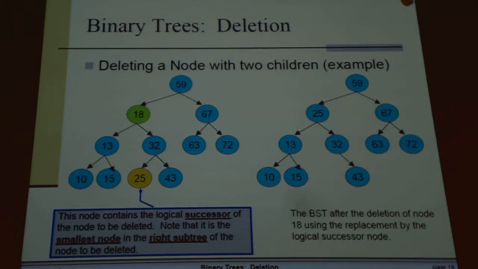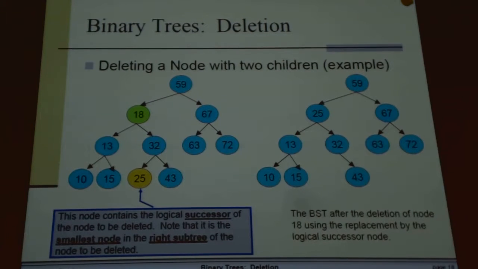So again, you're going to do the same thing. You're going to find the largest value on your left and the smallest value on your right, and determine which one to use.